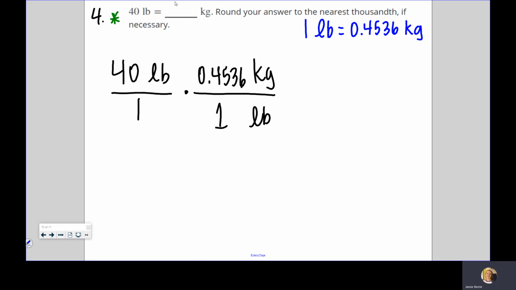Cancel out your common units, pounds and pounds. So 40 times 0.4536, 18.144 kilograms.